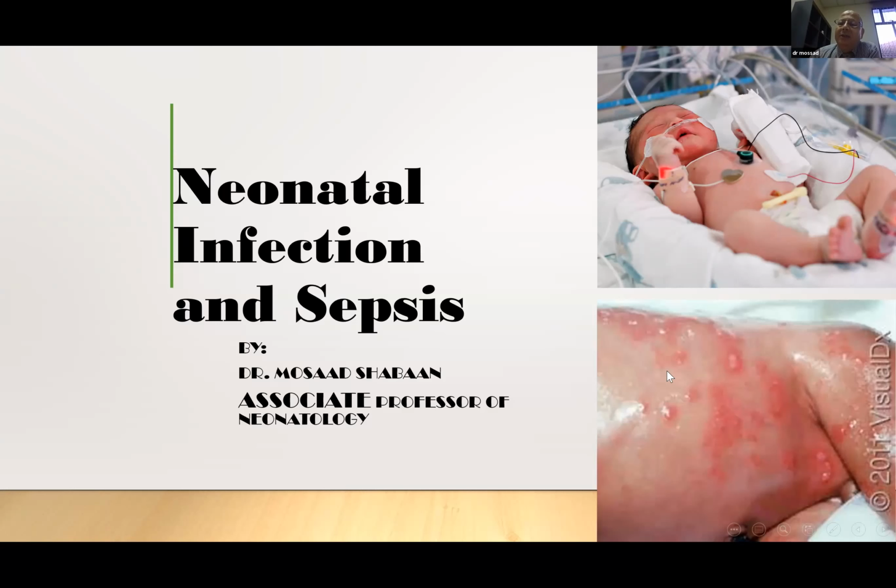Otherwise, I will open the attendance and choose one by one. What is the most important point we can see from this picture? Rashes and pustules. Yes, Ammar. There are multiple rashes and pustules.